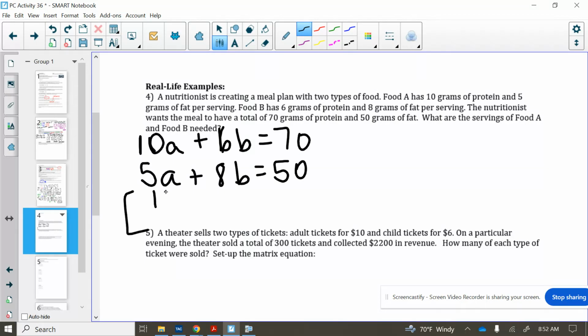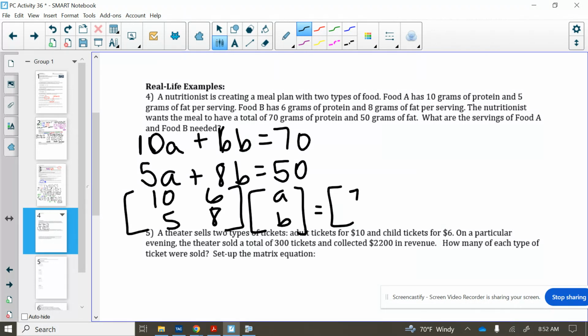So we have this matrix equation that we set up, 10, 6, 5, 8, matrix A, A over B for that variable matrix. Okay, we talked about all of this yesterday.